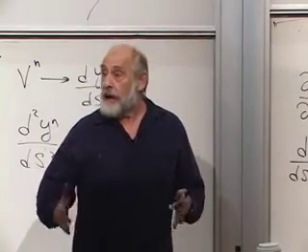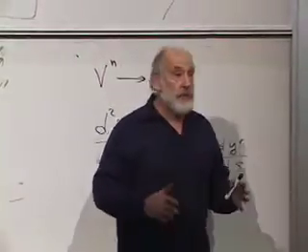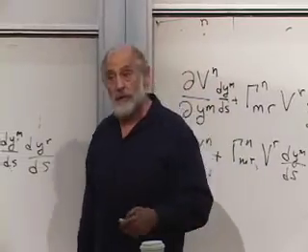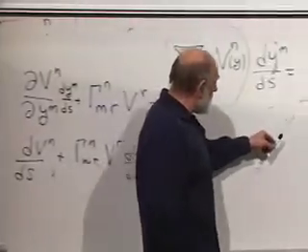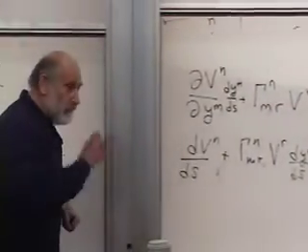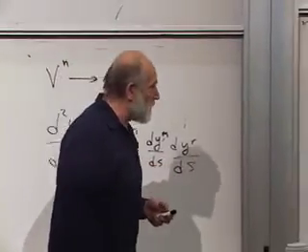Well, I compute the covariant derivative of the tangent vector, and if it's 0 all along the curve, then that curve is a straight line. It's just telling me that the tangent vector is unchanging as I go along the line. You could do this with funny coordinates, even if those coordinates aren't flat coordinates.